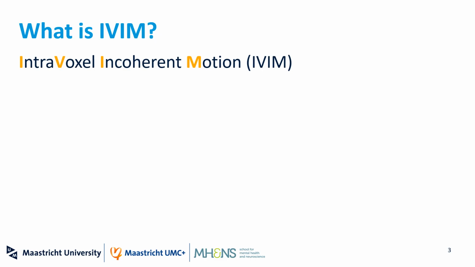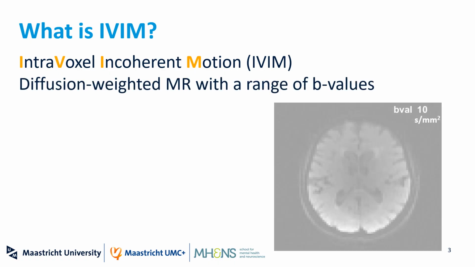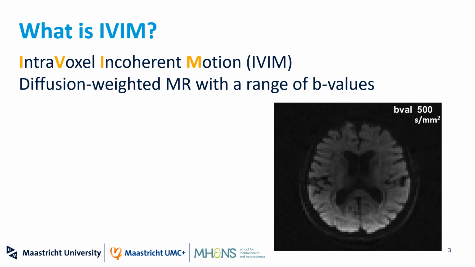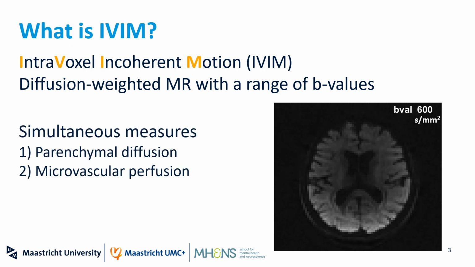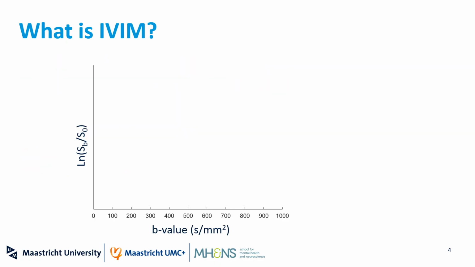IVIM, or intravoxel incoherent motion, is a diffusion-weighted MR technique with a range of B-values. It has the potential to simultaneously measure the parenchymal diffusion and microvascular perfusion. When looking at the MR signal with respect to relatively high B-values, we observe that the signal decays exponentially.